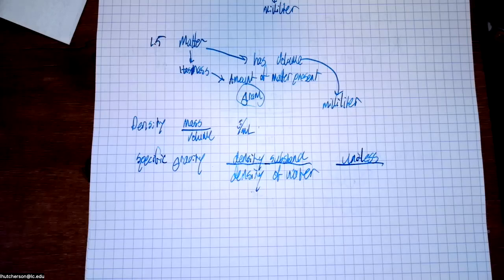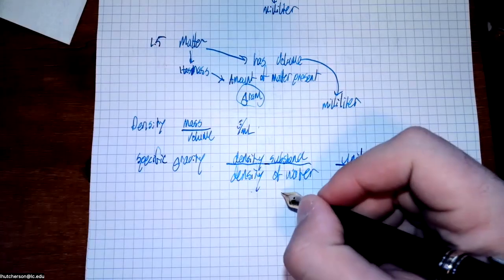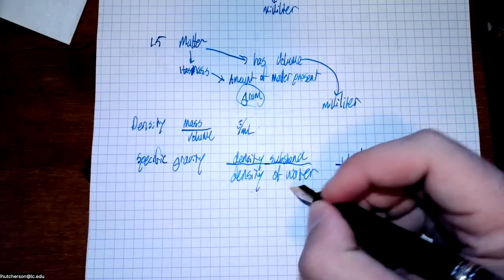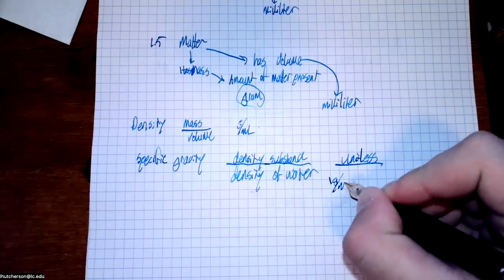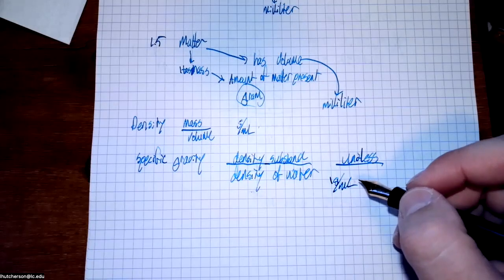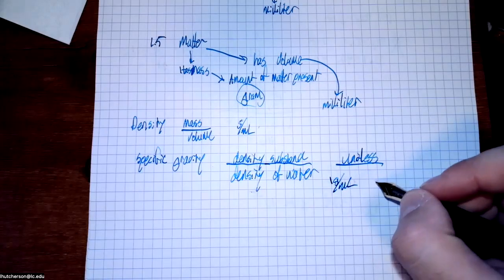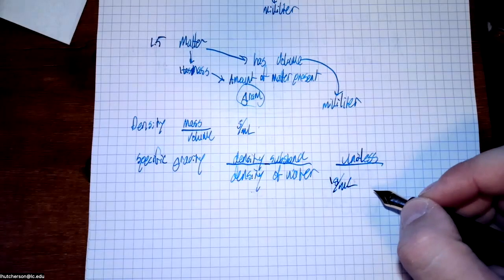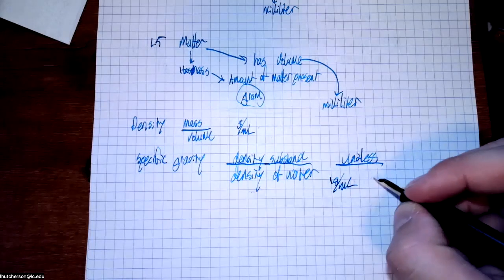Now, a lot of times we will hand wave and say that the density of water is 1 gram per milliliter, but that's also not exactly correct. As you all found in lab the other day, it's typically less than 1 gram per milliliter, but that's close enough. Right.